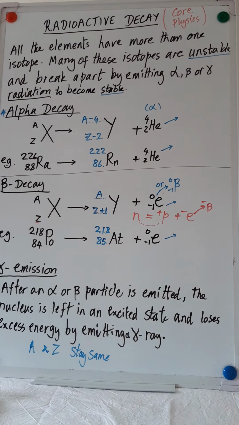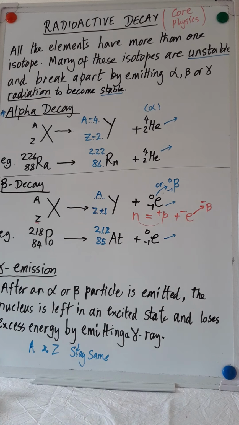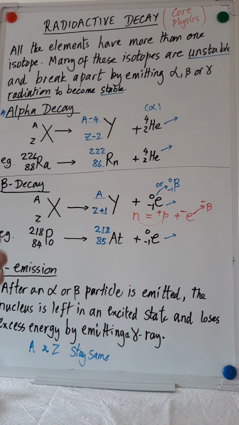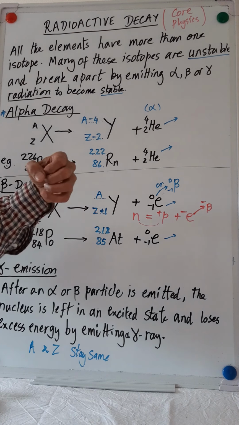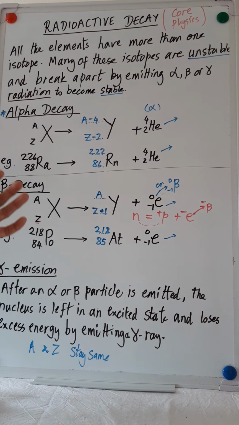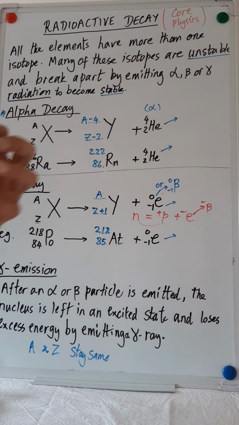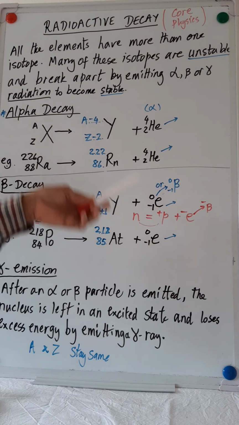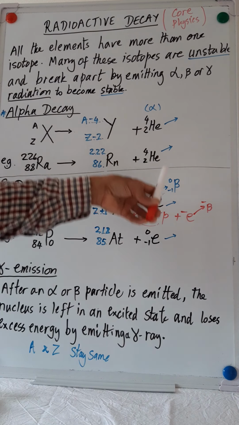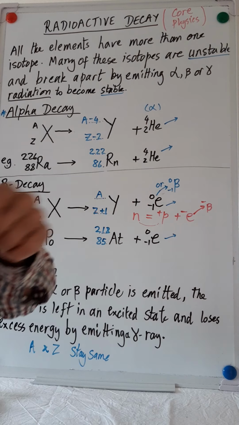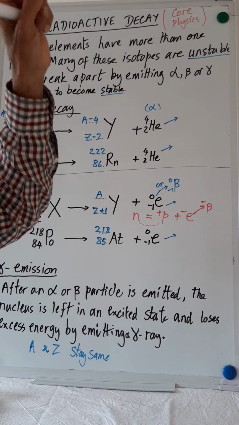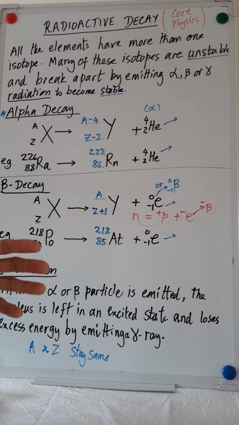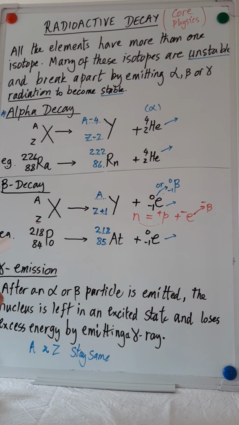Now, usually after an alpha or beta emission, remember the nucleus is made up of lots of protons which are trying to break the nucleus apart. Now, the short range strong nuclear force is trying to hold the nucleus together. Now, when a big chunk, like say an alpha particle, which is made up of 2 protons and 2 neutrons, comes out of the nucleus, the rest of the nucleus is left in an excited state of very high energy.